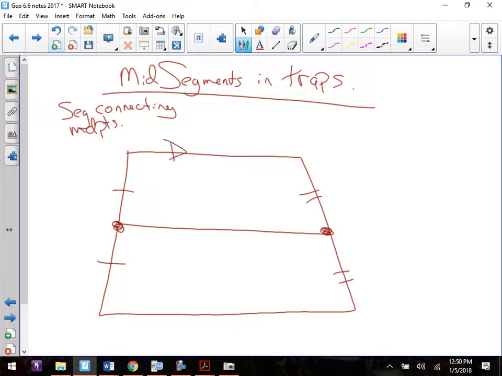So trapezoids have parallel bases. The mid-segment is always parallel to the bases, and it's equal to half the sum of the two bases.